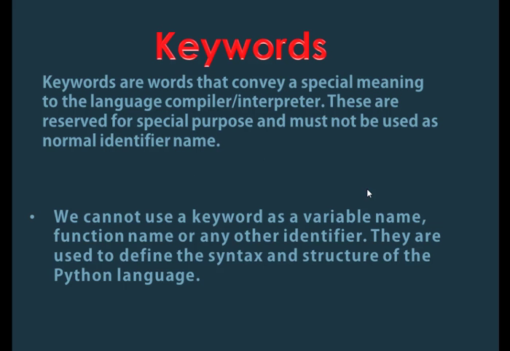First is keywords. Keywords are words that convey a special meaning to the language compiler or interpreter. These are reserved for a special purpose and must not be used as a normal identifier name. So what are the compiler and interpreter? What's their function?